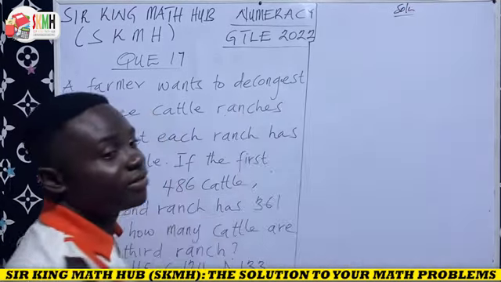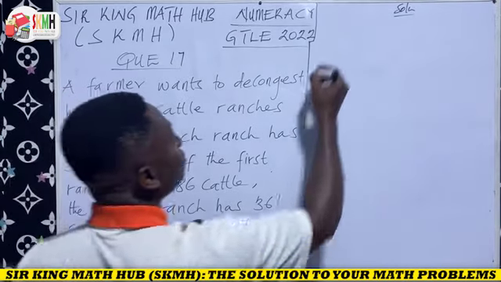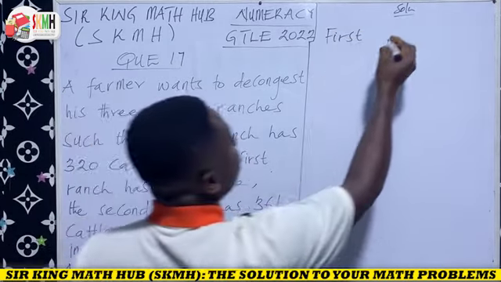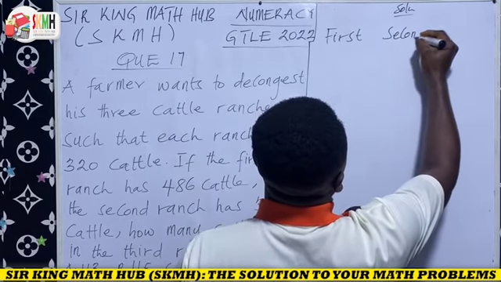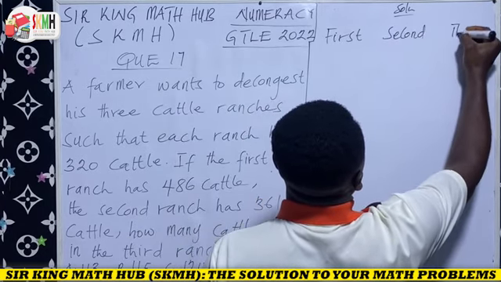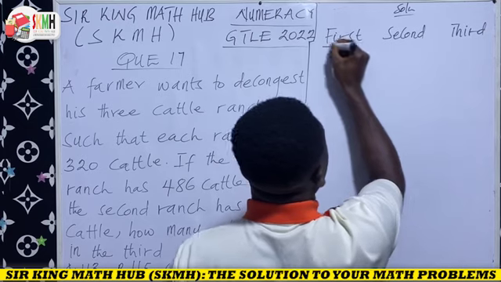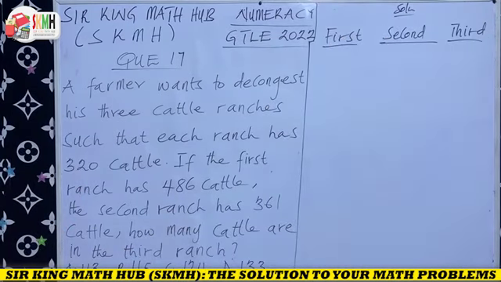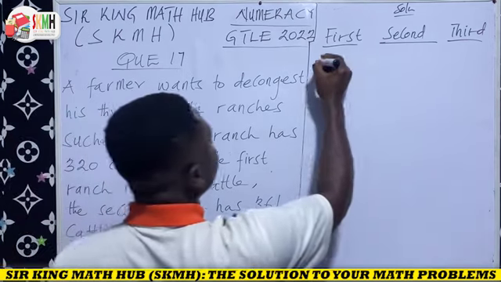So we have 3 different ranches, so let's represent them. The first ranch, the second, and the third. Now we were told that the first ranch has 486 cattle.